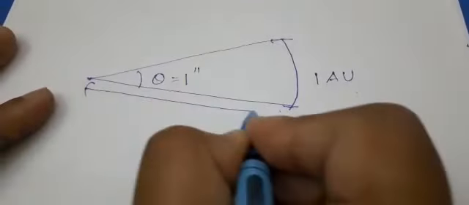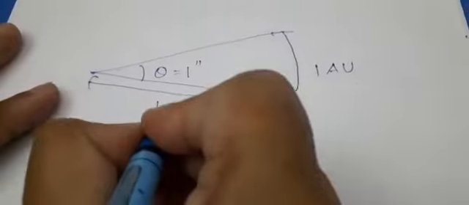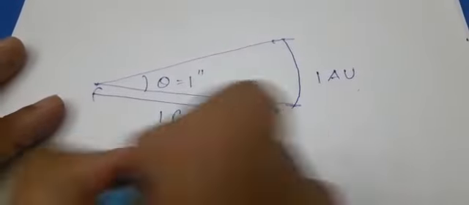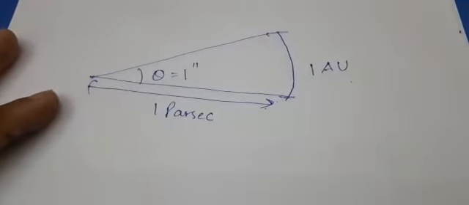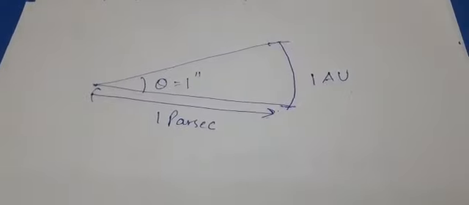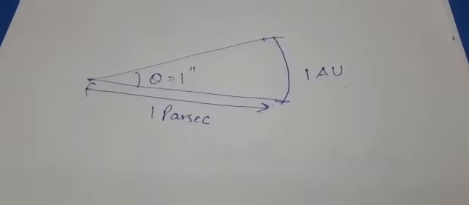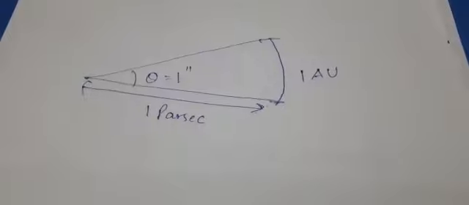Then this particular distance is 1 parsec. Just the concept of astronomy. Here we have to learn its definition and understand the concept.